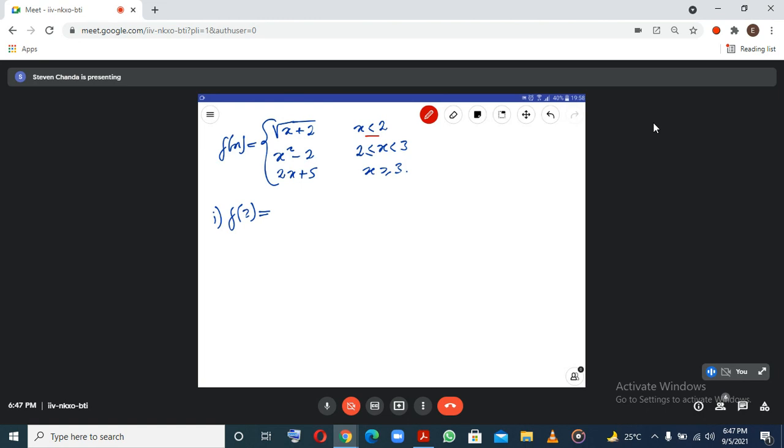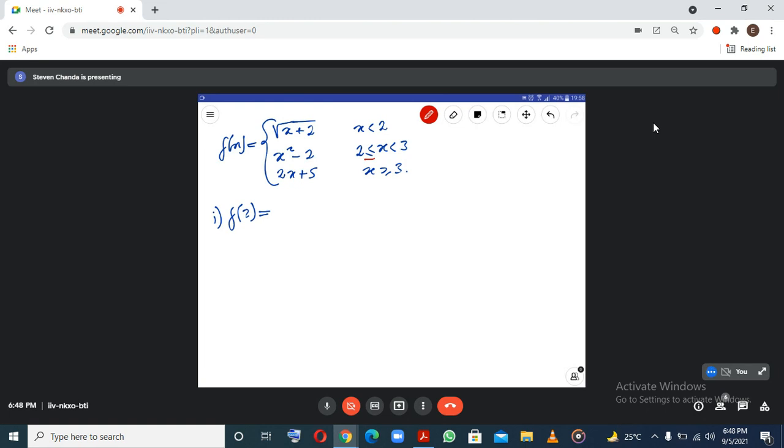The second one says x is less than or equal to. So you have to be very, very careful with these things. For this one, we'll use the second one. Why? Because in its domain we've got x being 2, so it's less than or equal to 2 and less than 3, isn't it?